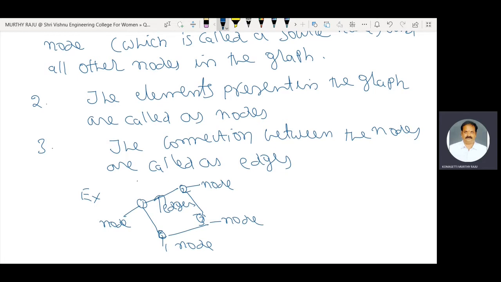Assign weights to the edges. The weight of the edge between 1 and 4 is 4. The weight of the edge 1 and 2 is 2. The weight of the edge 2 and 3 is 3. The weight of the edge 1 and 3 is 5, like that.